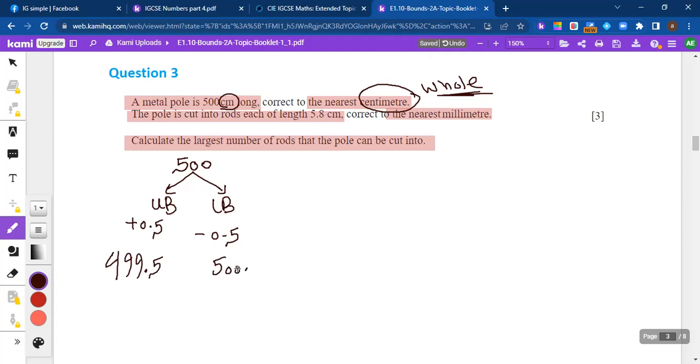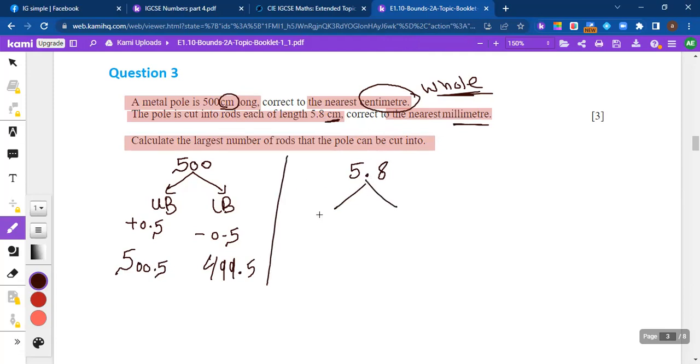For 5.8, here again it is centimeter and millimeter, so you find the upper bound and lower bound to the nearest 1 decimal place.